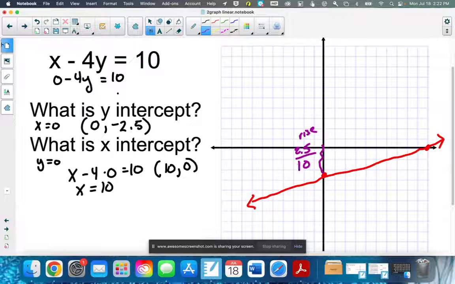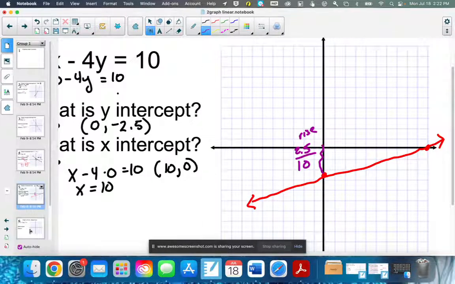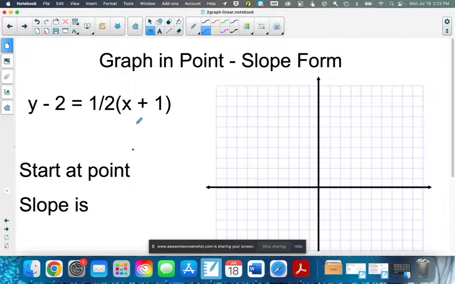Okay, so let's try point slope form. All right, that is what point slope form looks like. Now, here's how this works. You're actually given a point in your equation, a random point that's somewhere on the graph.